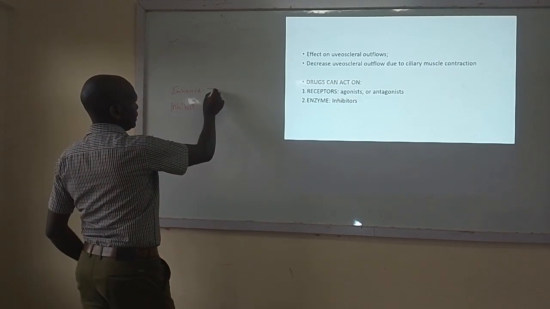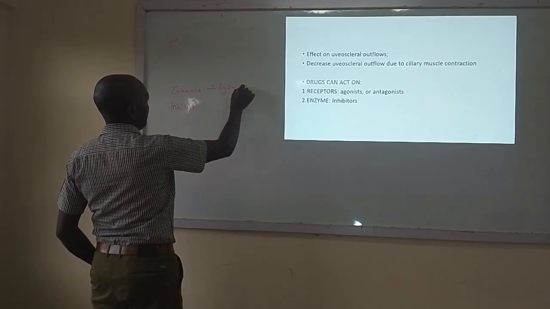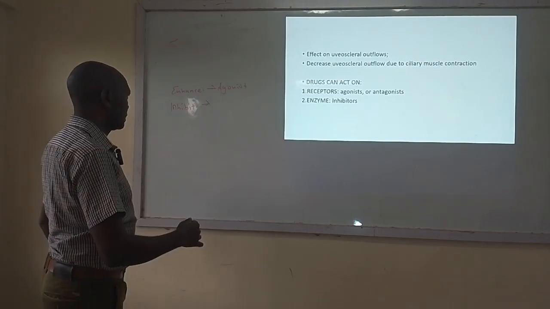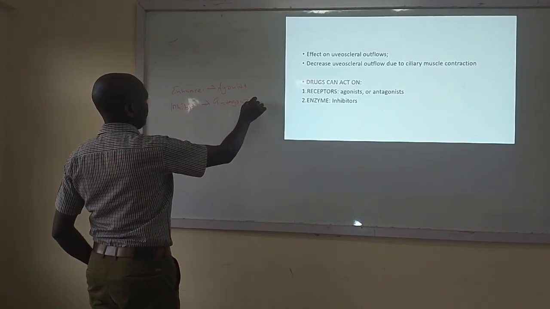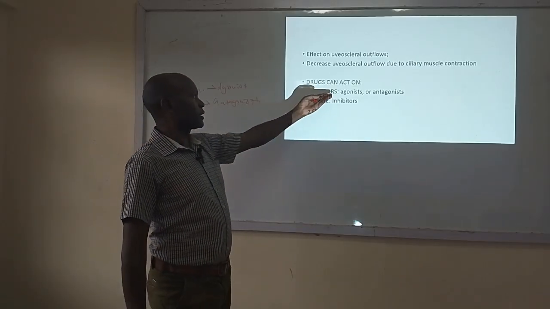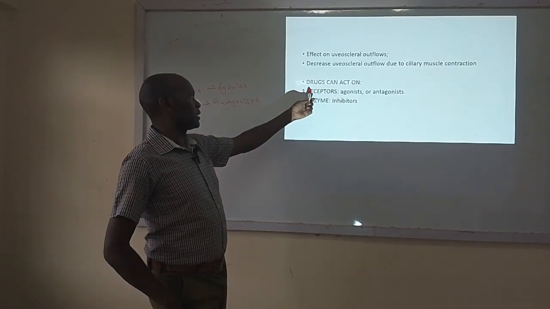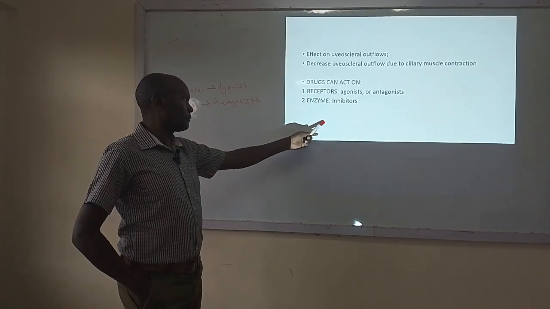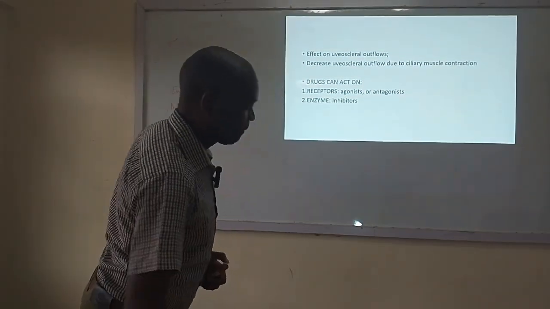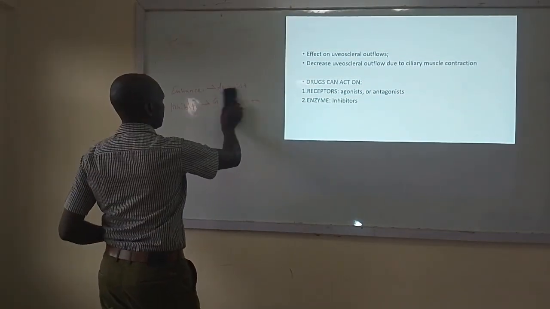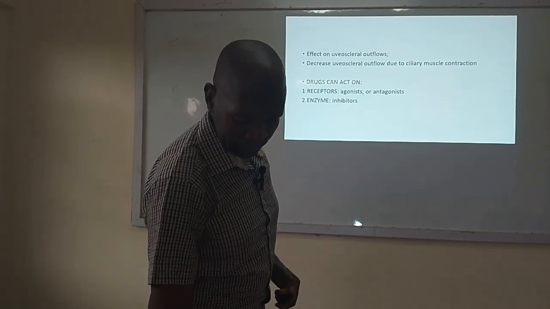When you are enhancing, this is agonist, and when you are working against, we call them antagonists. So these drugs can be agonists or they can be antagonists. That is when they are working on the receptors. But when they are working on enzymes, most of them are inhibitors. You inhibit the enzyme that catalyzes the process that results into the pathology that you are controlling.